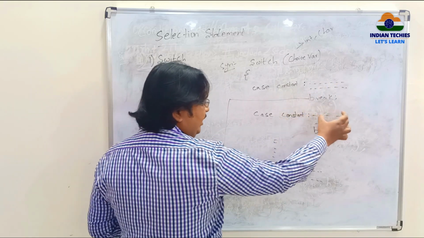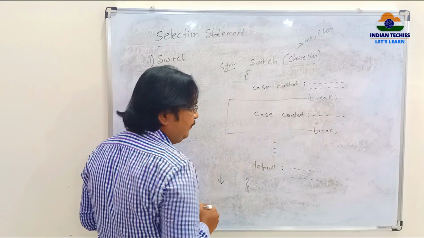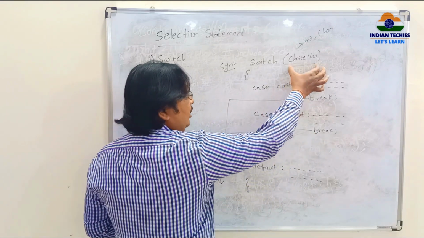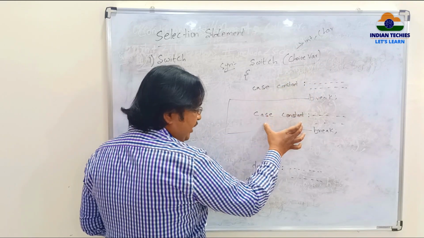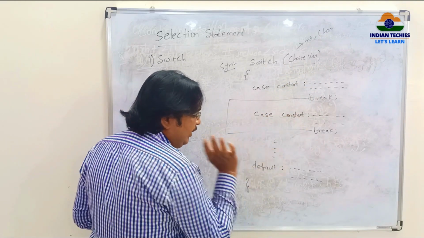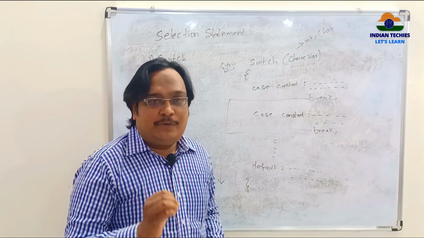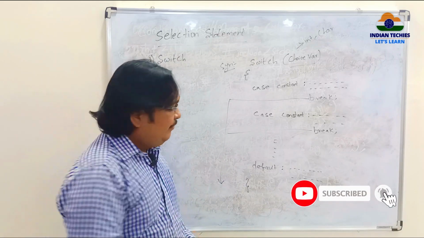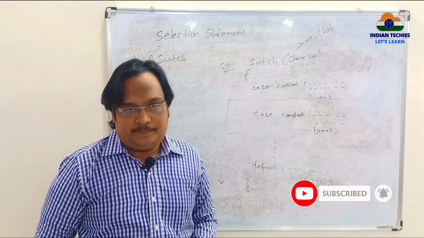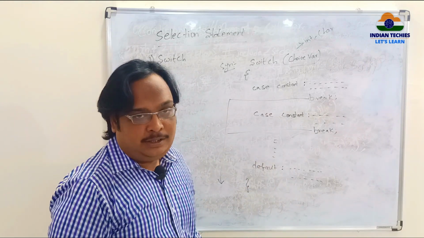If this matches, it executes this block and comes out at the break. Suppose the choice you have given as input does not match any case constant, then it directly goes to default. Default comes whenever your selected choice is not available. Since default is last, you need not have a break.